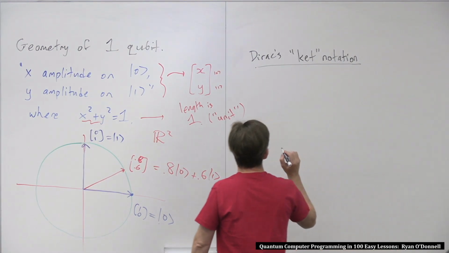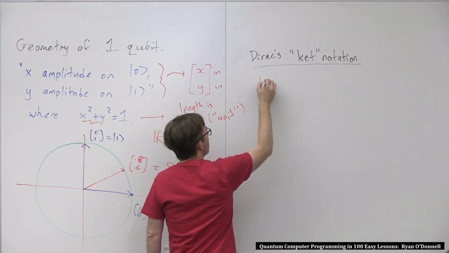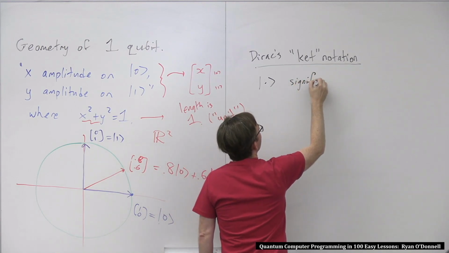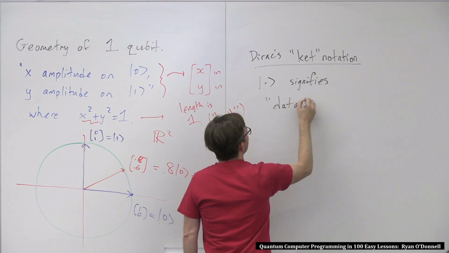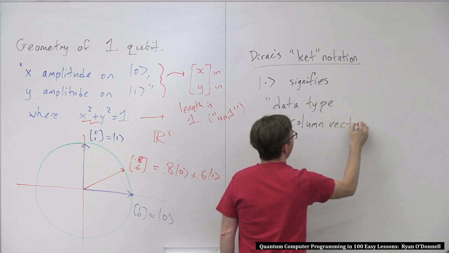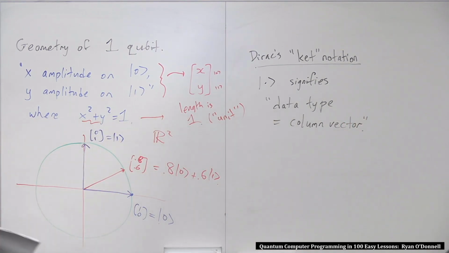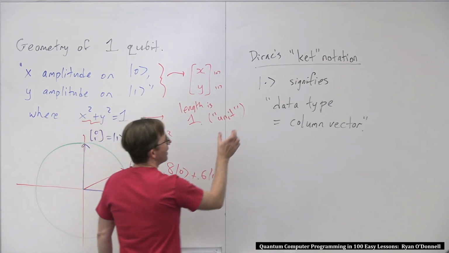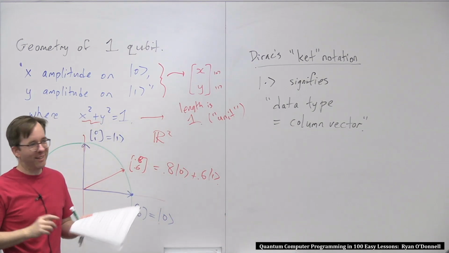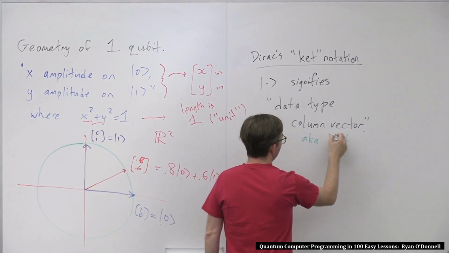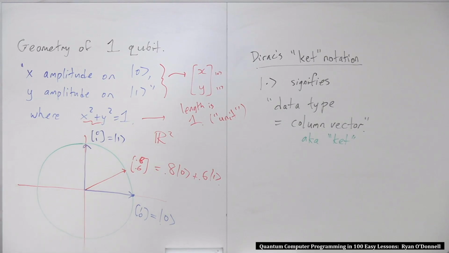It's basically this: when you see these asymmetric brackets, this signifies that the data type equals column vector. That's exactly what it means. So if you're using Dirac's notation, a column vector is also called a ket, for some dumb pun reason that maybe I'll mention later. But at least column vector is 4 syllables and ket is 1 syllable, so that's nice.